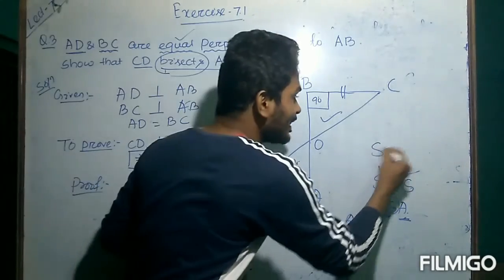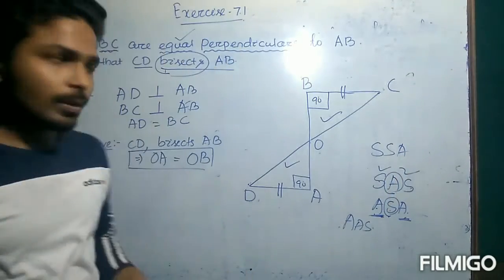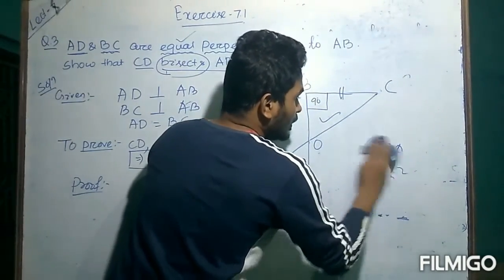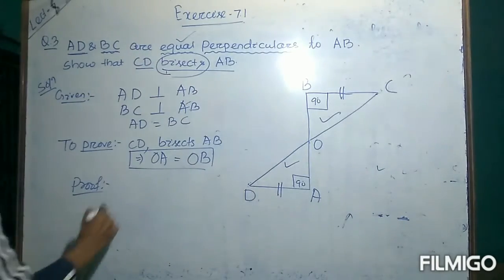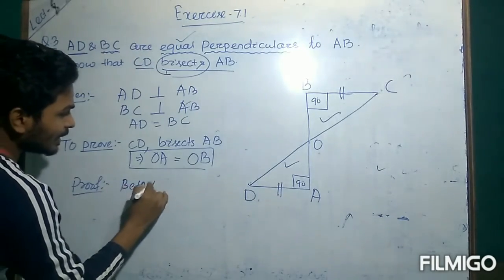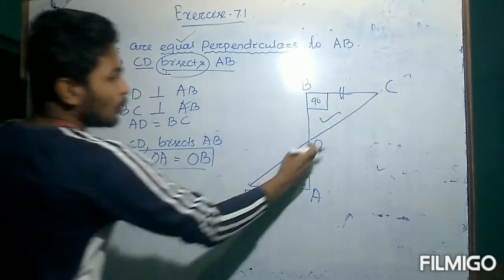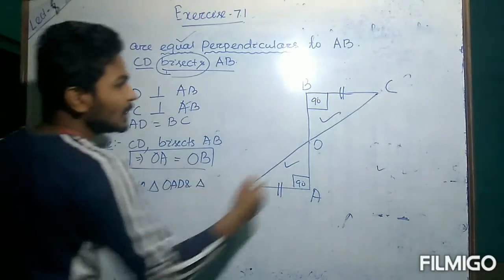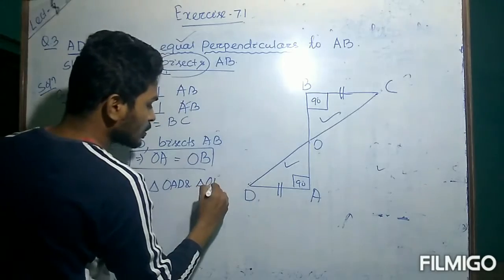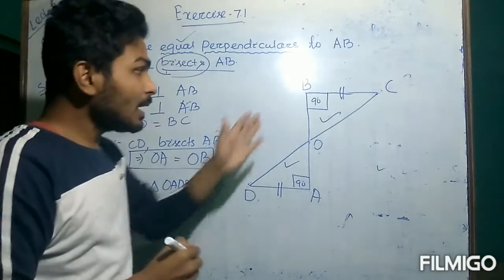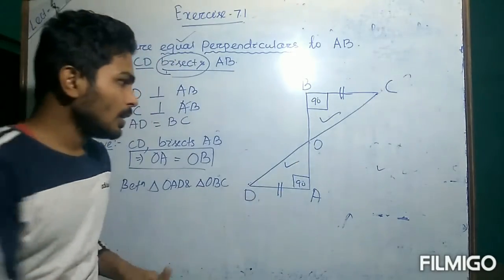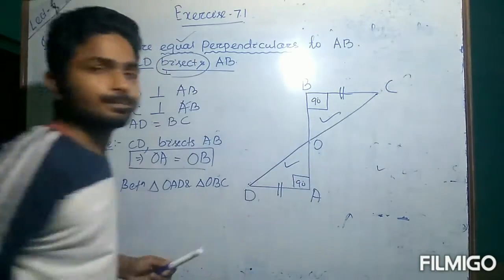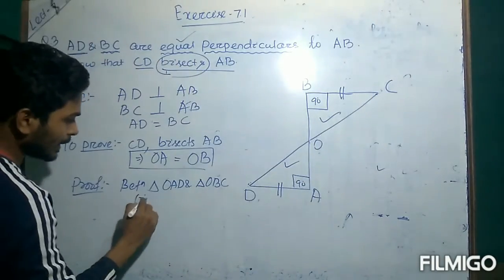Do not write it like SSA, no. So let us compare these two triangles, between triangle OAD and triangle OBC. While writing, always name them in a proper order: OAD and OBC, not OCB. So let us compare them.